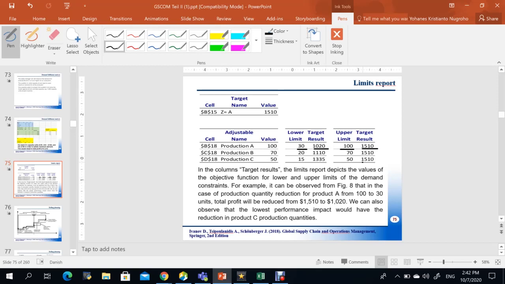Here only about 165 or 180 is the reduction as compared to this one, which is around 490. But here is the lowest, and therefore C is the least sensitive product. All right.